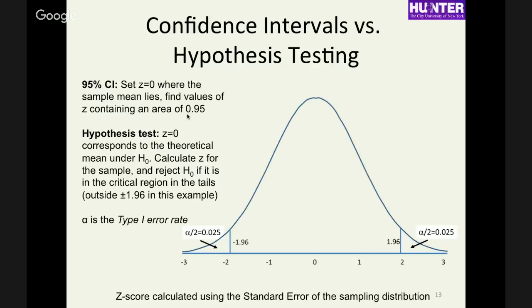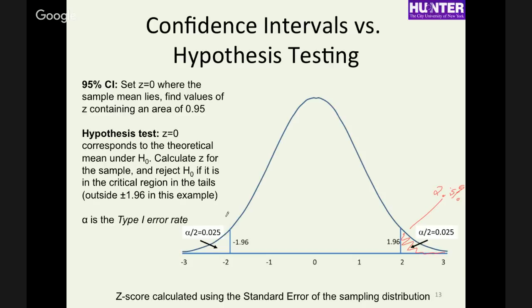And 5% of the probability in your sampling distribution lies in the tails out here. So you've got 2.5% in each tail.